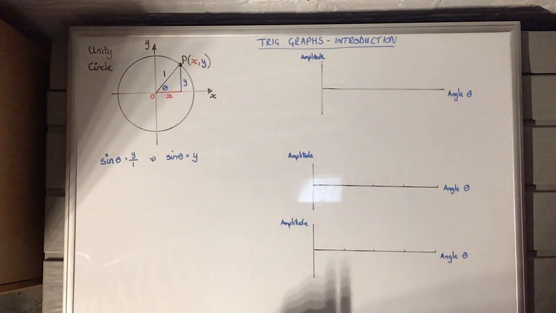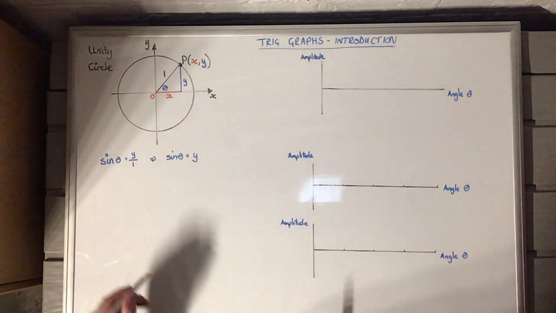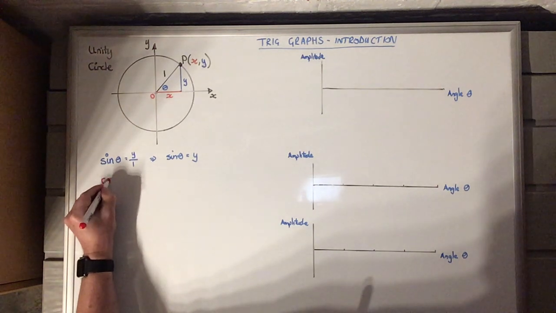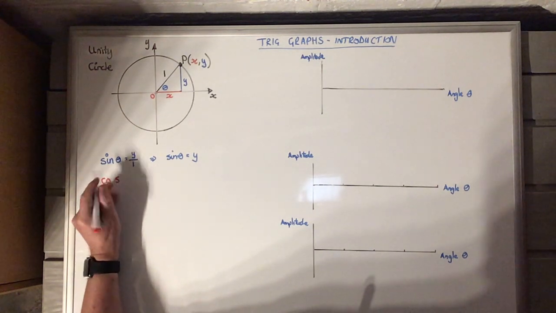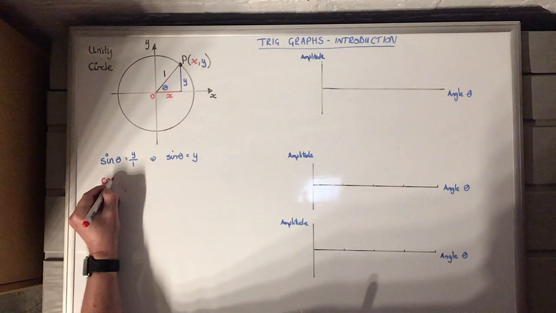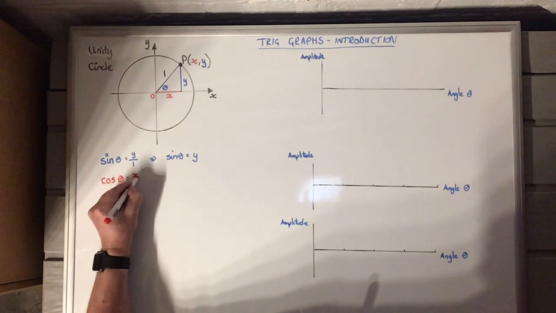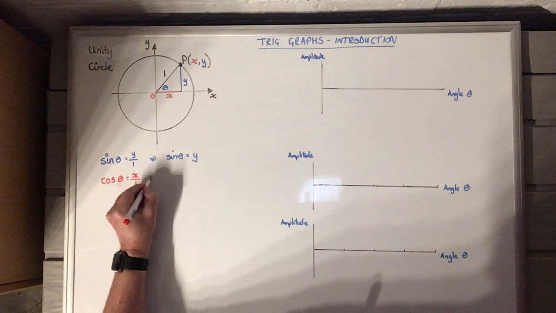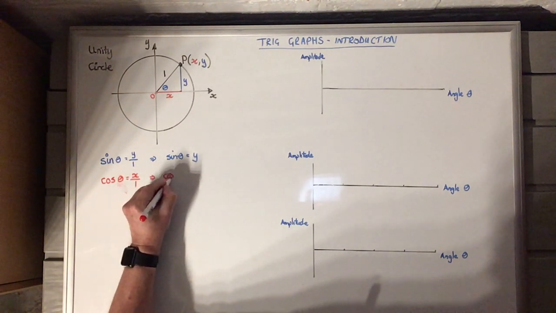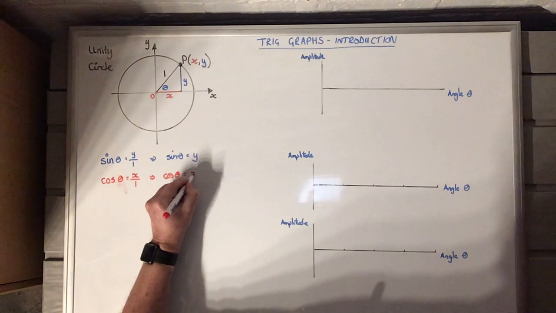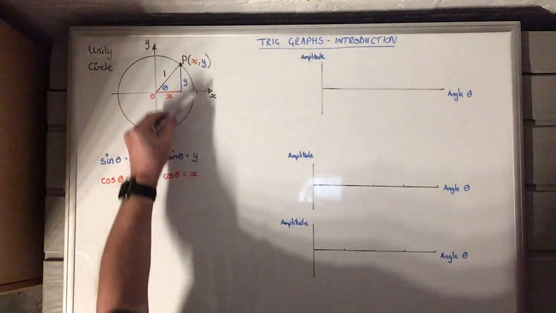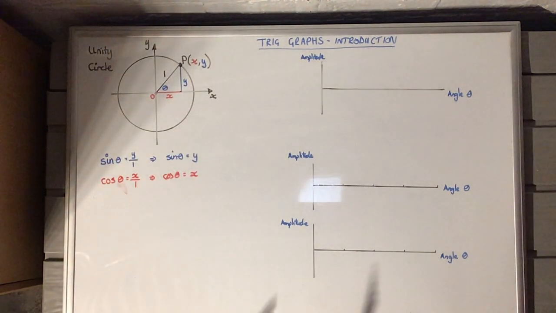And we can do exactly the same for the cosine function. So cos theta is the adjacent over the hypotenuse, so that's x over 1, and therefore cos theta is simply the value of the x coordinate as we rotate round the circle.